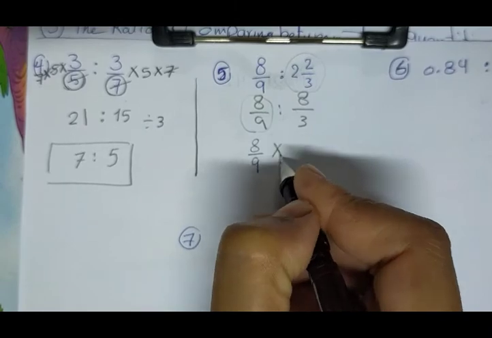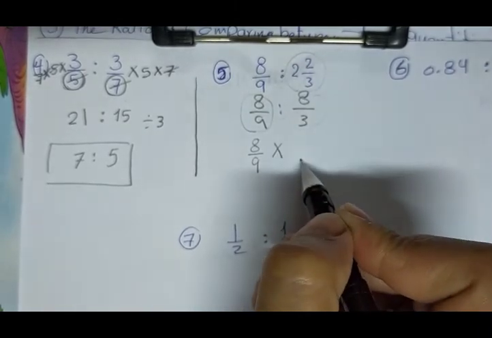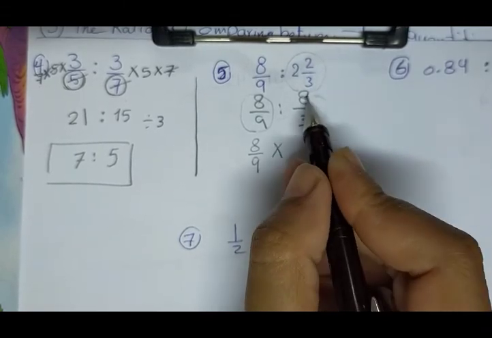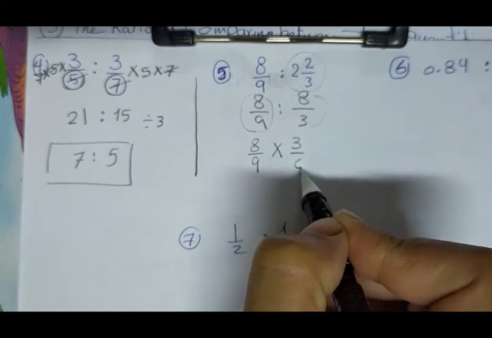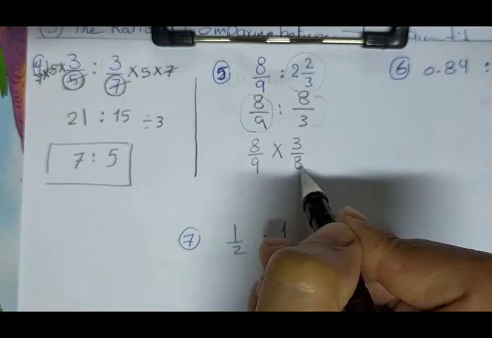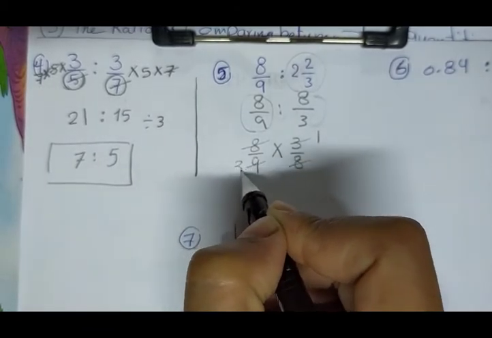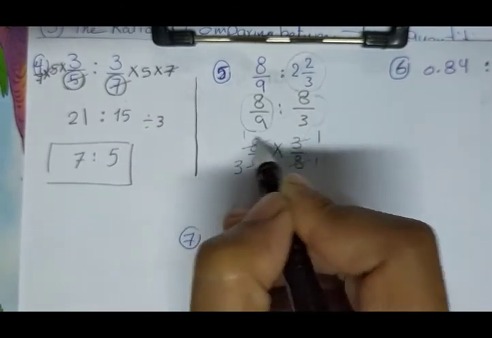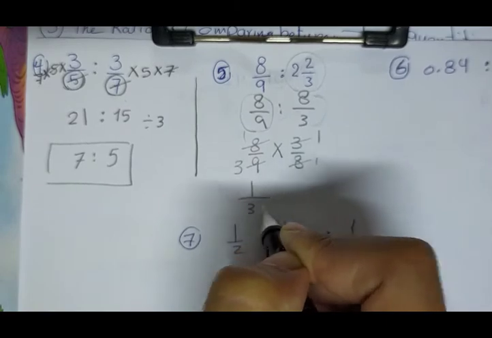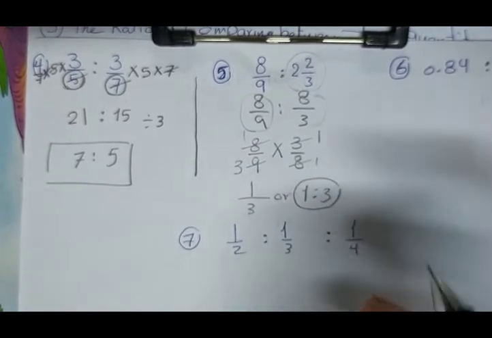Convert it to times, and inverse or opposite the fraction. The second term, I will take its inverse. 8 over 3 is written as 3 over 8. So 8 times 3, 9 times 8. Cancel 8 with 8. Divide 3, 1. Divide 3, 3. 1 times 1, 1. 3 times 1, 3. So 1 to 3 is the simplest form.